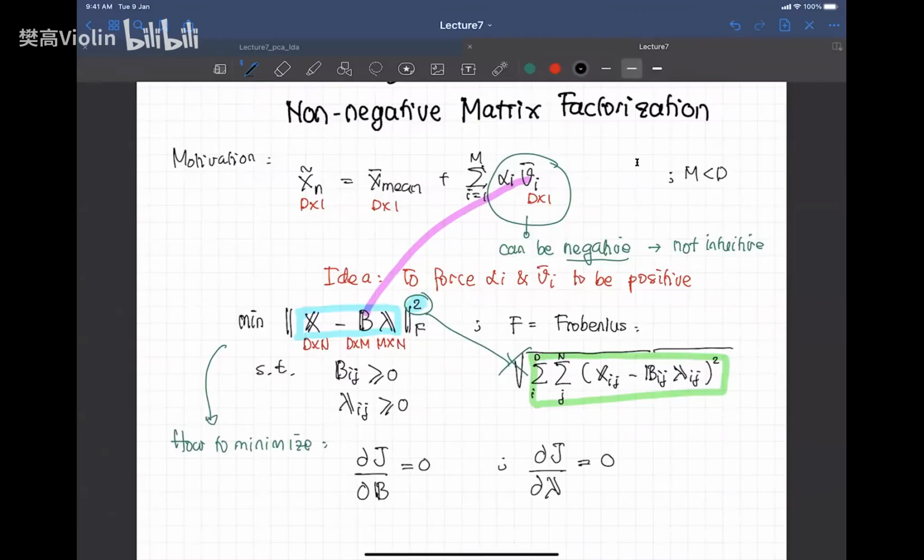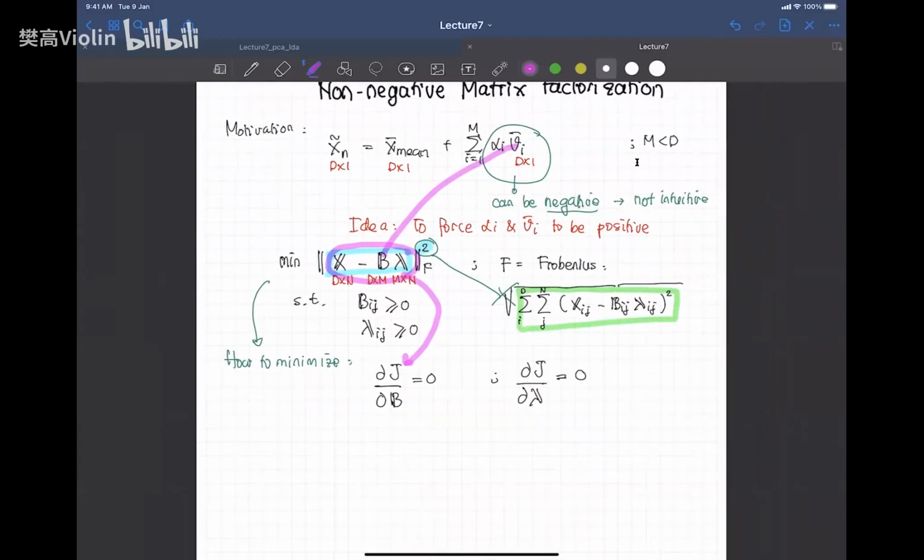So what is J? J is this whole thing here. I will not go into the details. You can look at the lecture notes later on, because I don't have much time to describe this.